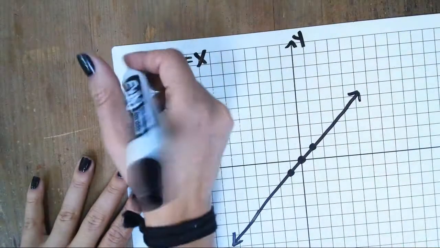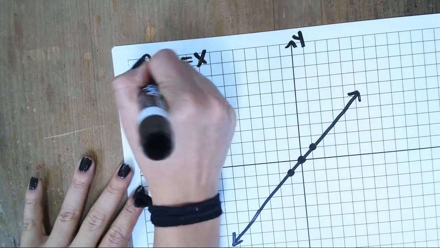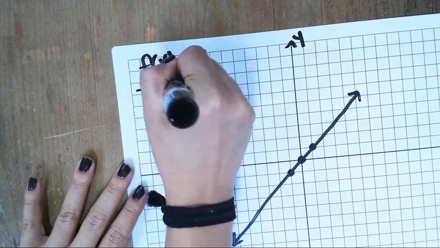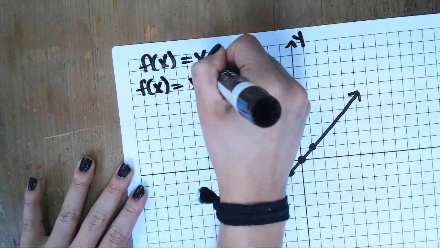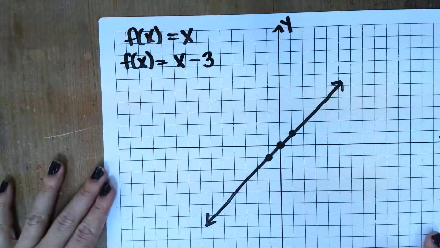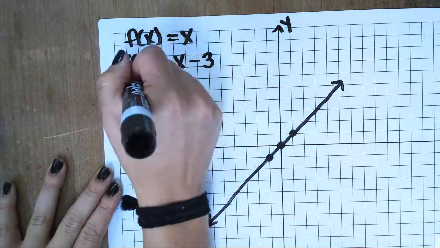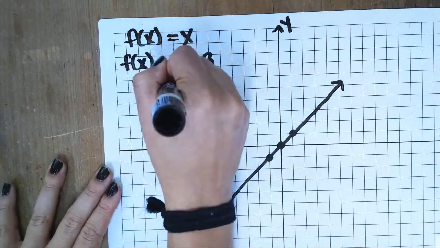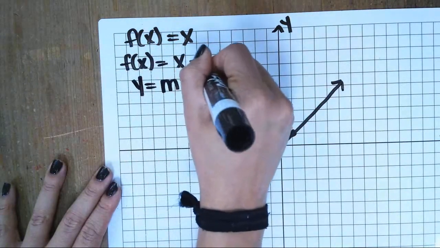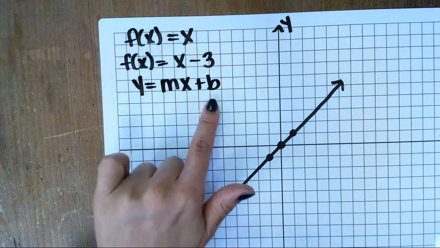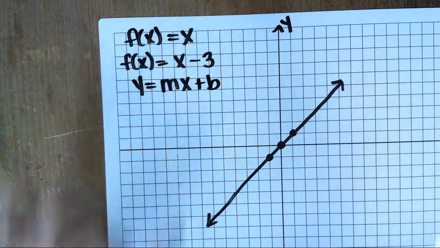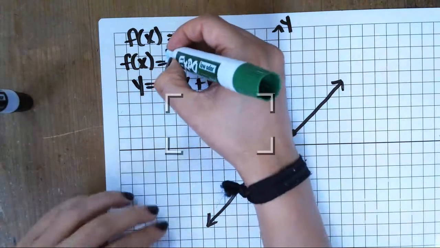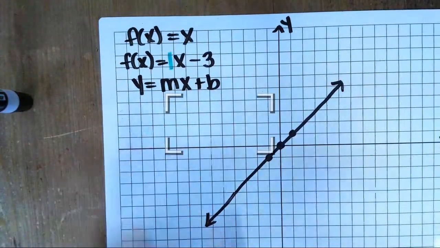Now, if I wanted to graph f of x equals x minus 3. Again, this is the same as having it in y equals mx plus b, where negative 3 is my y-intercept, and 1, because remember we have an imaginary 1 here, is my slope.